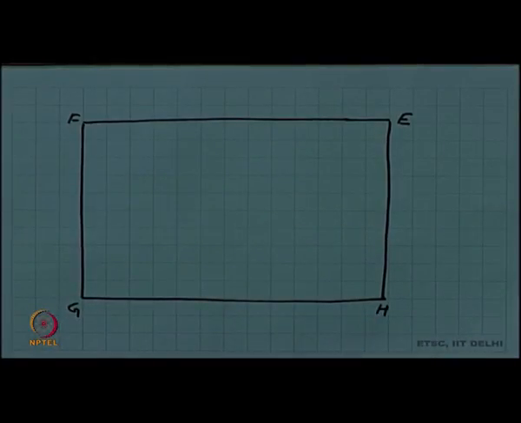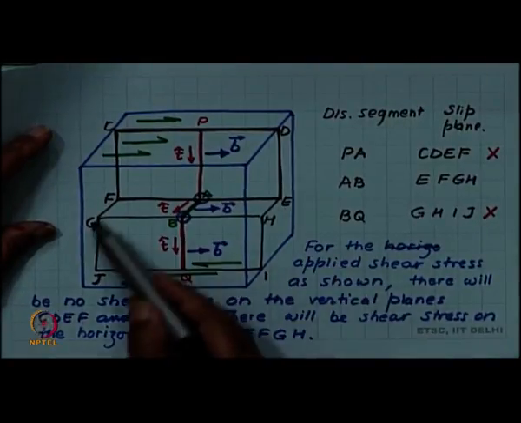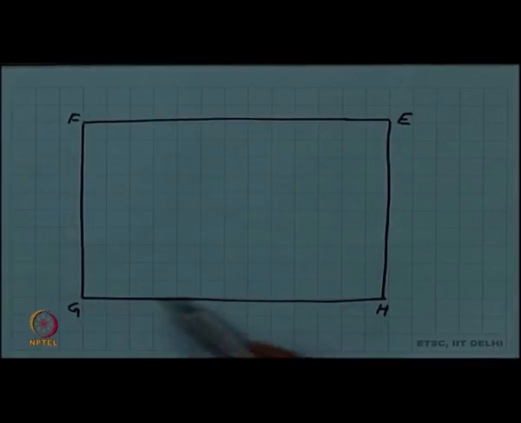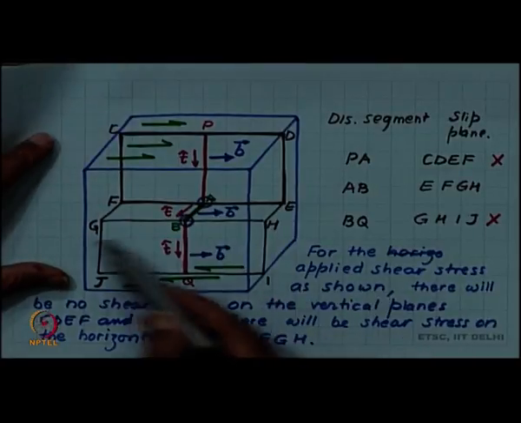So, now I am drawing only this EFGH in an enlarged form, and on this EFGH plane this segment AB is lying.